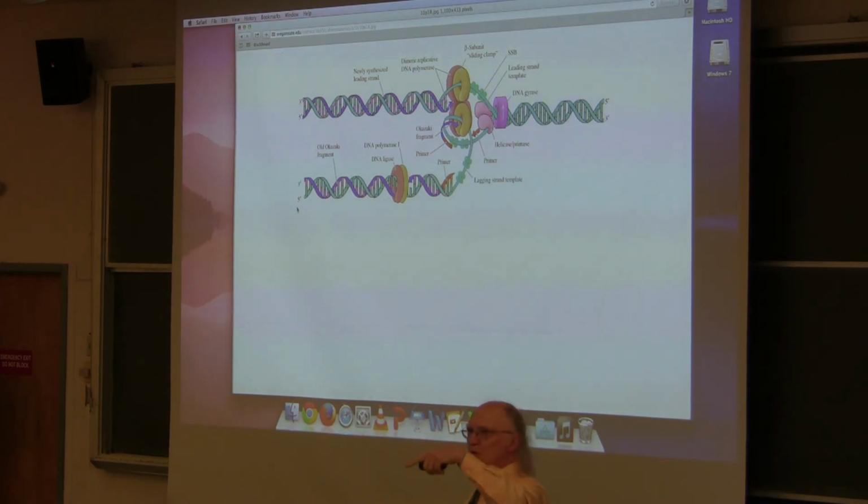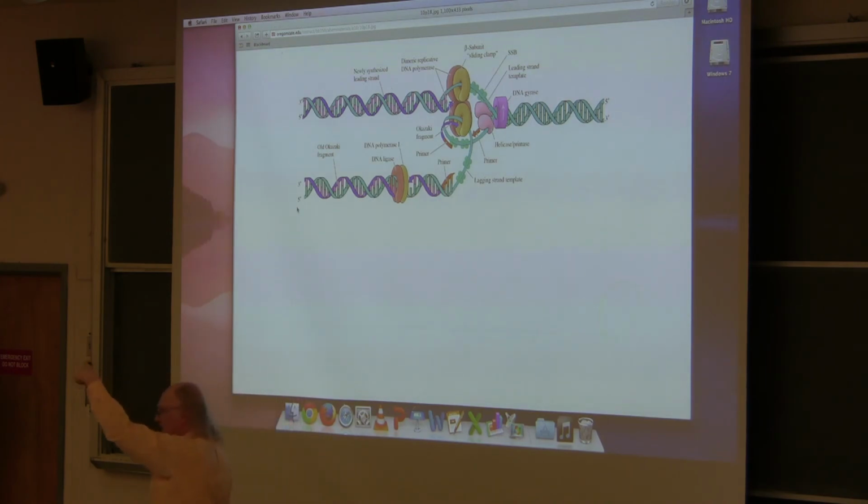That corresponds to 100 turns of the DNA per second. And if we multiply 100 turns per second times 60 seconds per minute, it means that these strands have to be pulled apart at the rate of 6,000 RPM. The helicase is spinning and pulling strands apart at 6,000 RPM. That's faster than the engine in your car.